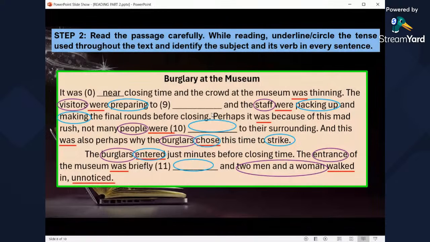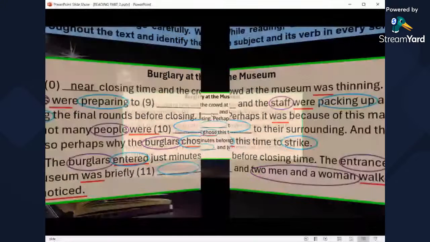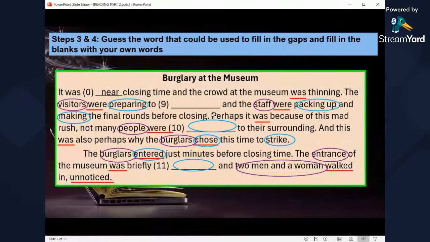It's not you are doing one by one, which will take a long time. Okay, right. So now you already know you have to guess the word that could be used to fill in the gaps and using your own words. I have not shown you the options yet, but in real life, when you're doing your SPM, I know your options are there. Let's try without options.